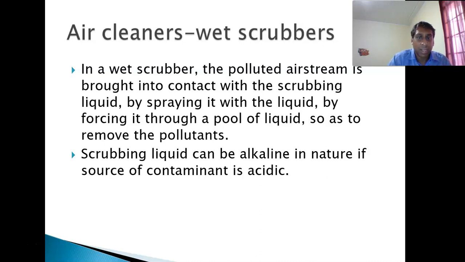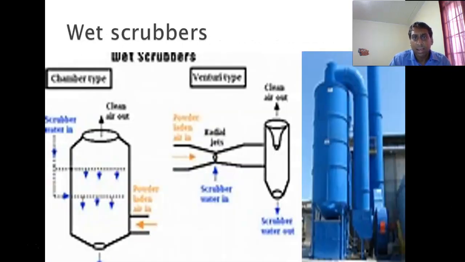Again, for those who know me from way back when, I did spend some of my early days around ones that look very much like the one on the right hand side of my screen here. Wet scrubbers are effective with hot gases and corrosive gases, and eliminate explosion hazard.